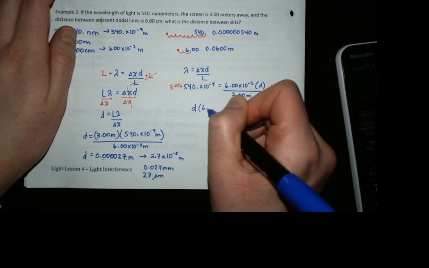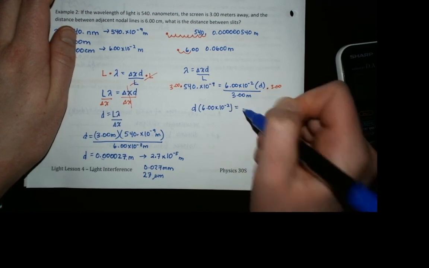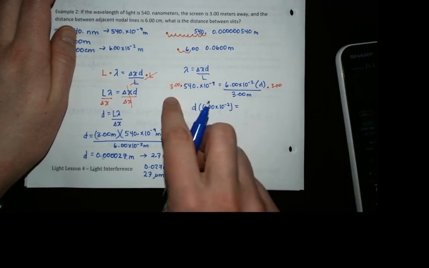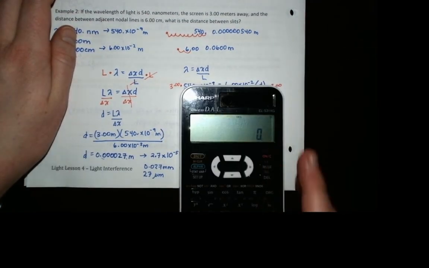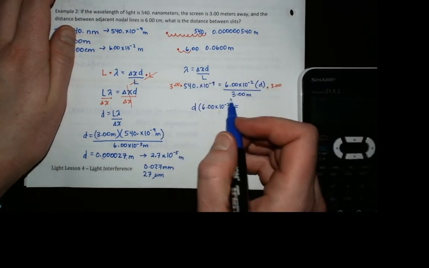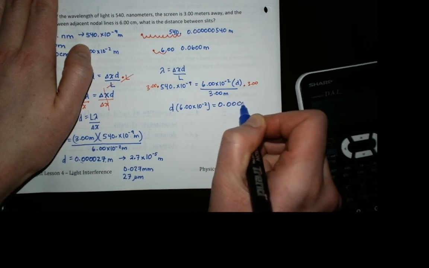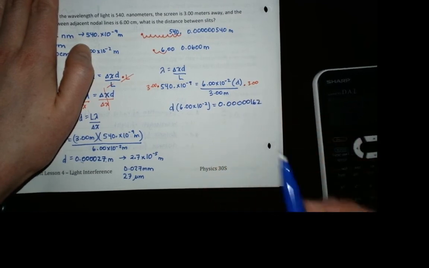D times 6 times 10 to the power of negative 2 equals, and then you could find whatever this is, 3 times 540 exponent negative 9, so you would get 0.000000162.